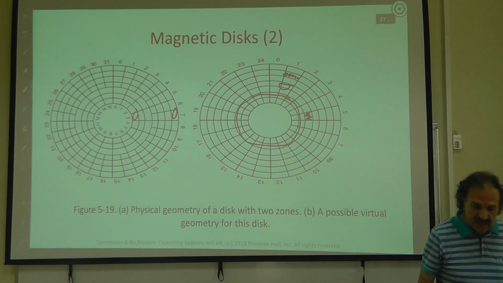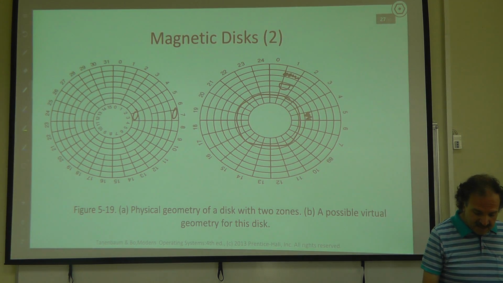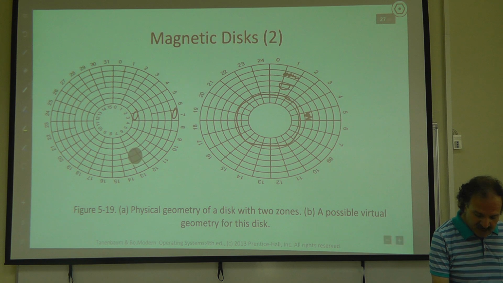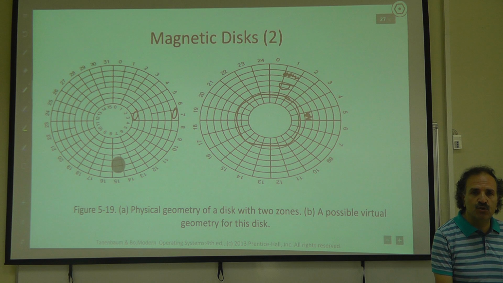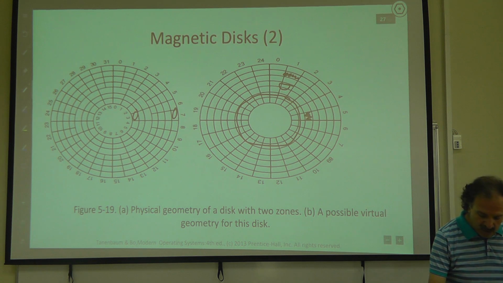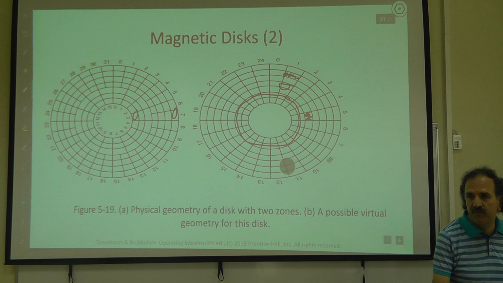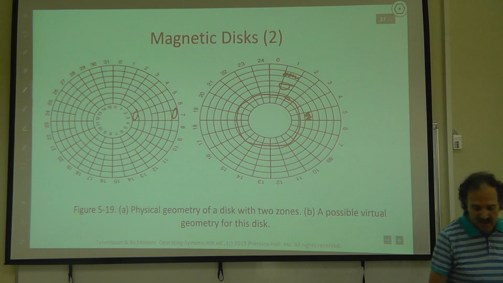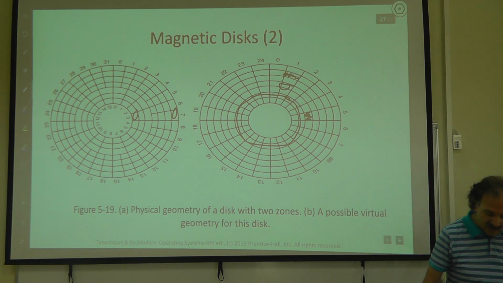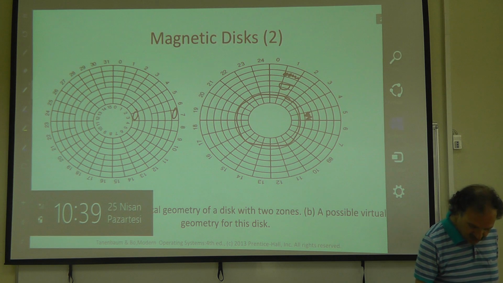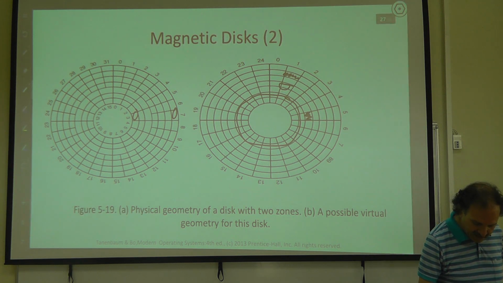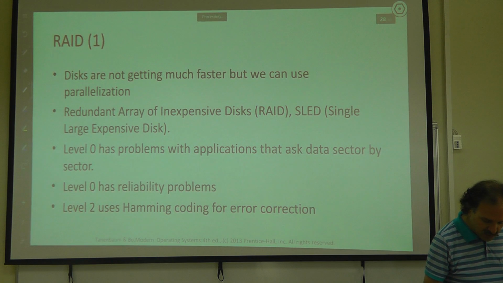So it is the task of the operating system to abstract this information so that the user sees this picture, not that picture. We should not show this picture to the user because the user writes code for the other kind of picture. So we need to abstract it so that the user can do his job the way he used to.